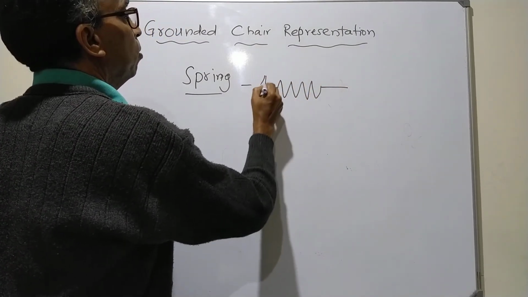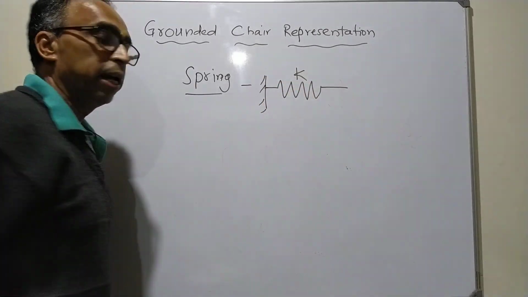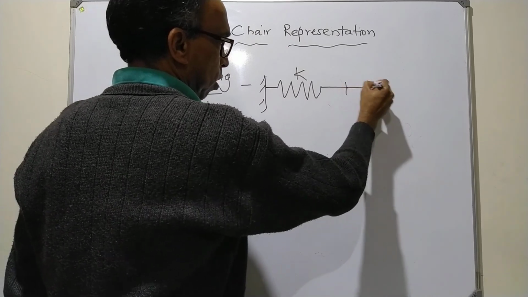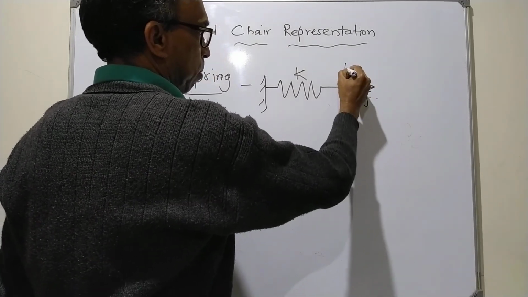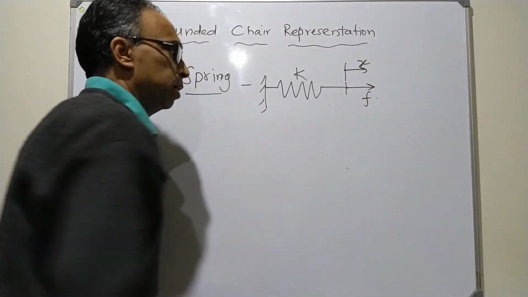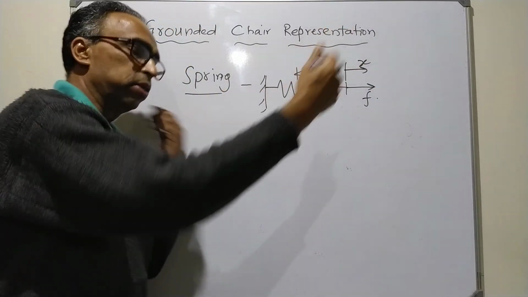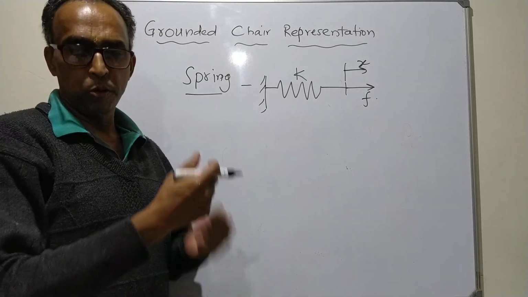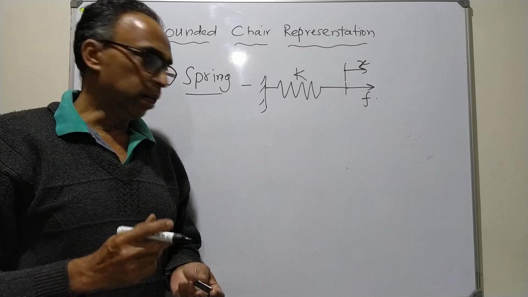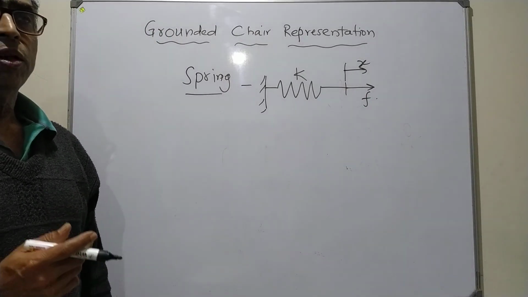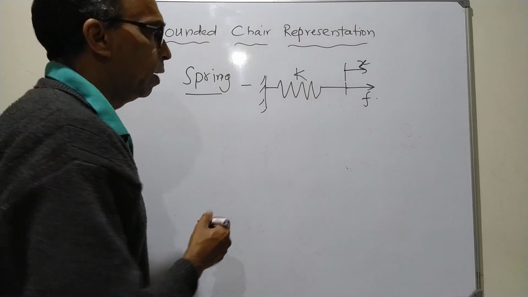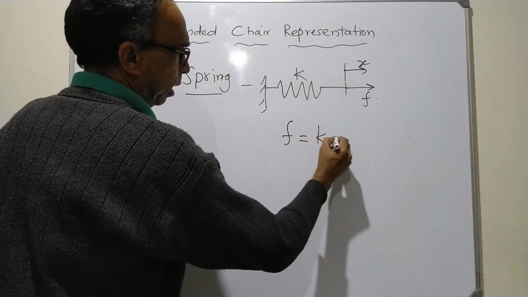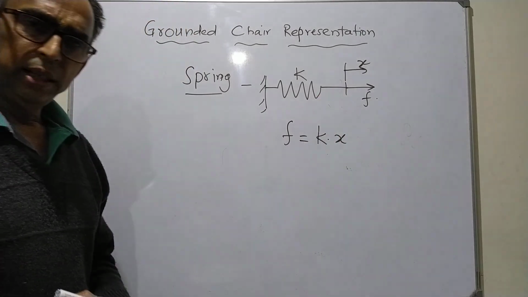And this was the fixed end, it was having stiffness K, and this was subjected to a force F, and because of this force F, this was subjected to displacement X. When I pull this spring by force F, the spring will exert equivalent opposite spring force on it. And how we had written the equation? F was equal to K into X, isn't it?